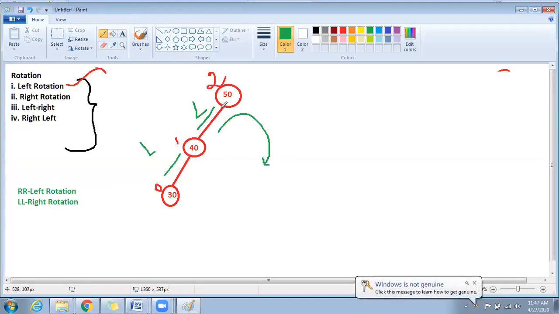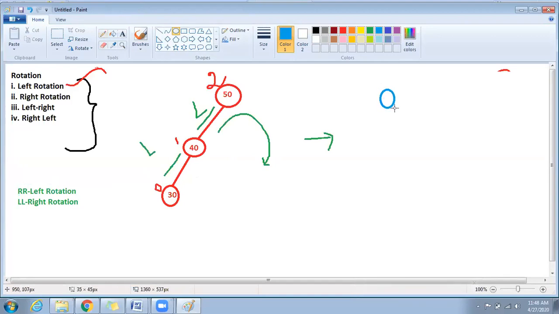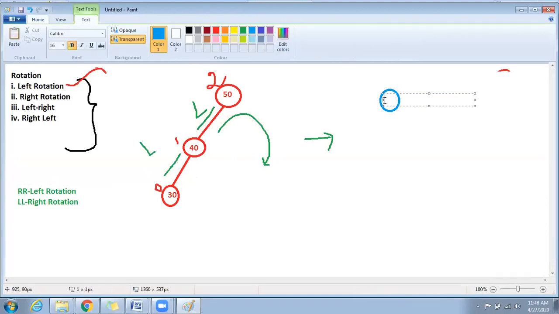So what will happen? Can anyone guess? 40 will come, ma'am. 40 will be the root, and 50 will be on the right side of the root node. I am keeping this as such, and rotating this in the right direction.